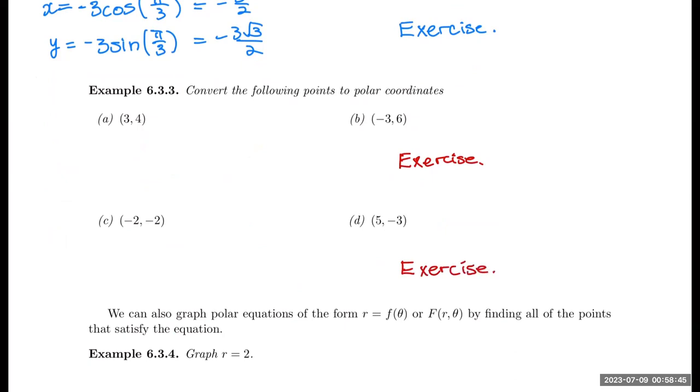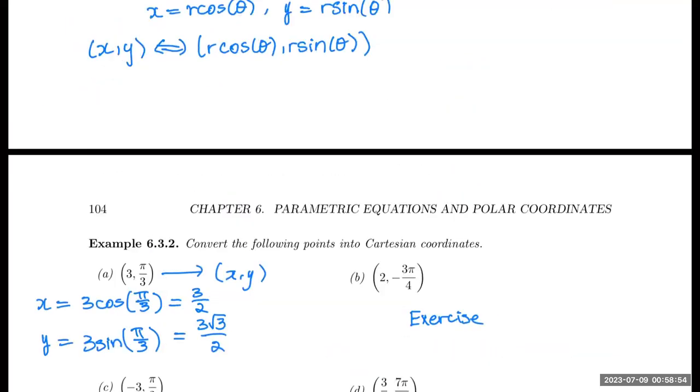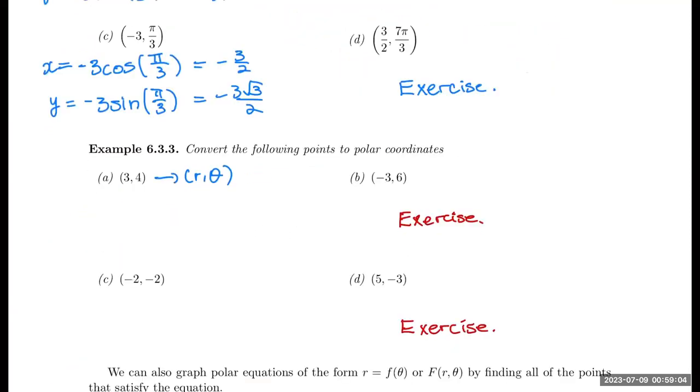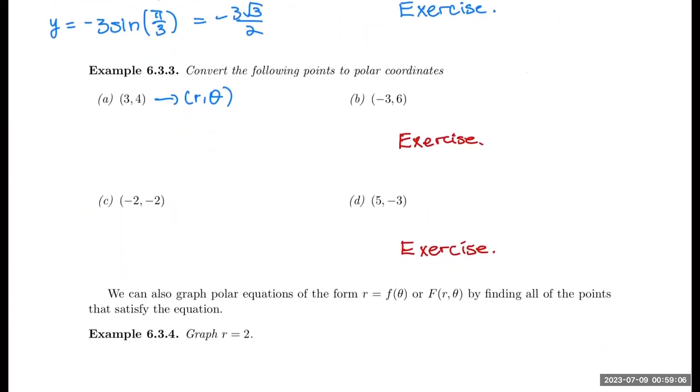So for the first one, we want to find r and theta this time. The r formula we know, by Pythagorean theorem, is the square root of x squared plus y squared. So it's 3 squared plus 4 squared, which is the square root of 25, which is just 5.